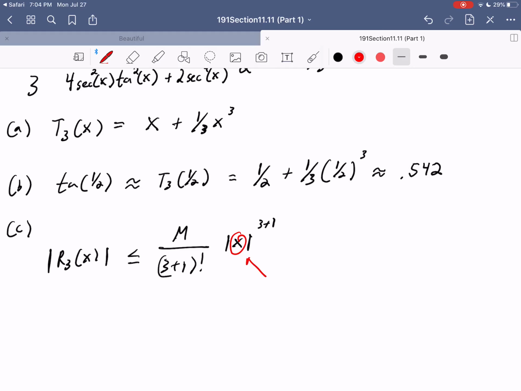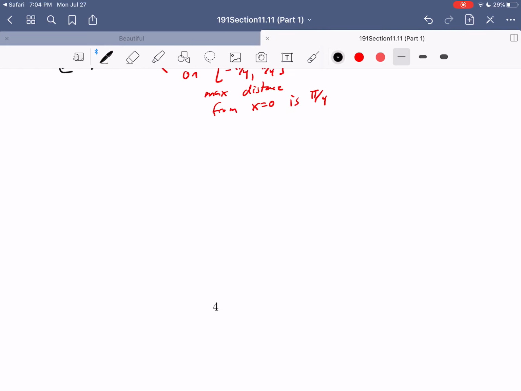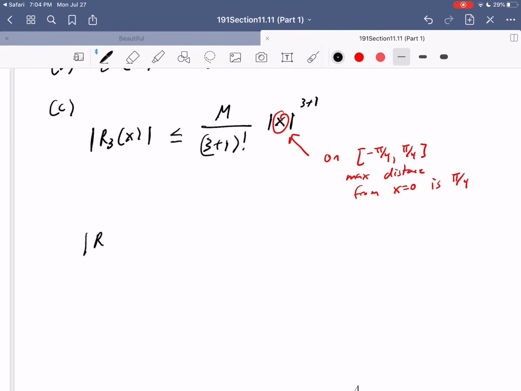So on negative pi over 4 to pi over 4, the max distance from x equals 0 is pi over 4. So we can replace that with a pi over 4. And we will get that the absolute value of the remainder term needs to be less than or equal to M over 4 factorial times pi over 4 to the 4th. So there we go. That's the start of our remainder.